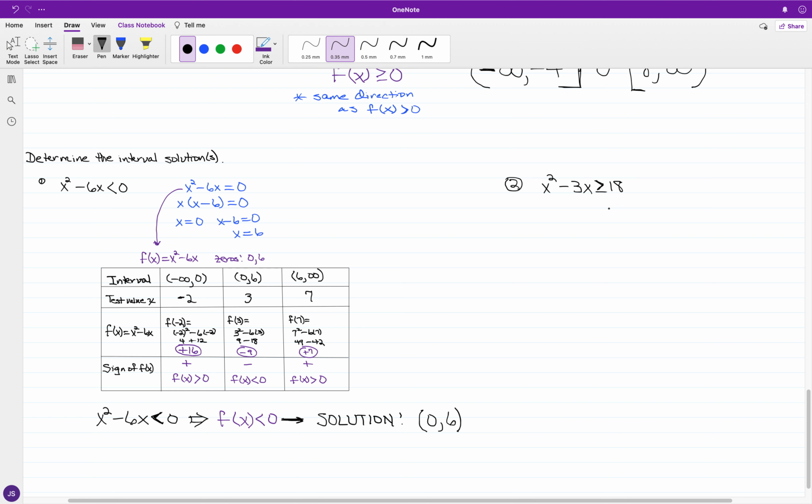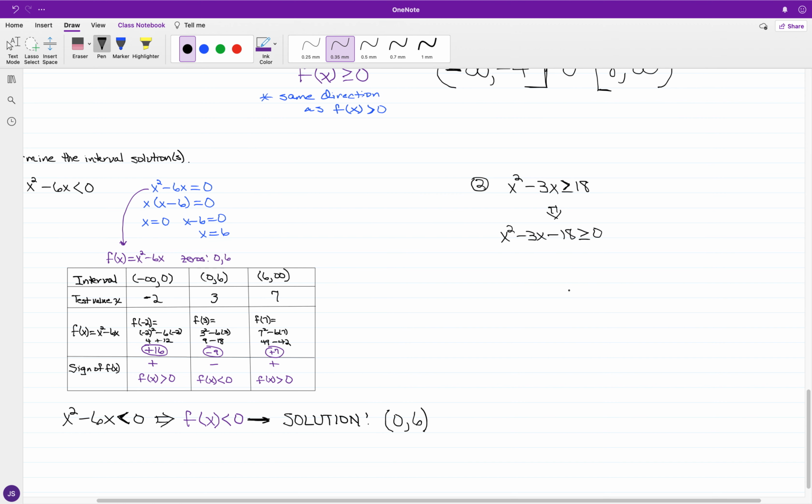And what I can do is rewrite this as a comparison to 0 inequality. Okay, so I would have x squared minus 3x minus 18 is greater than or equal to 0.